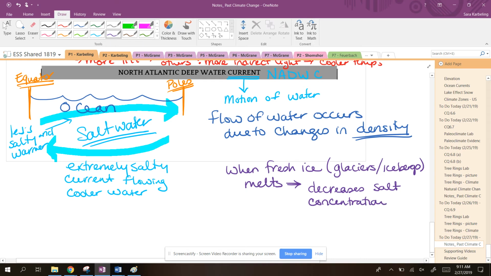And if we don't have the salt concentration to cause that difference in density, then we don't get this same cycle that we are used to and that works for us. Does that make sense? So as a result of our fresh ice melting, it decreases the salt concentration, and as a result of that, the North Atlantic deep water current does not flow.